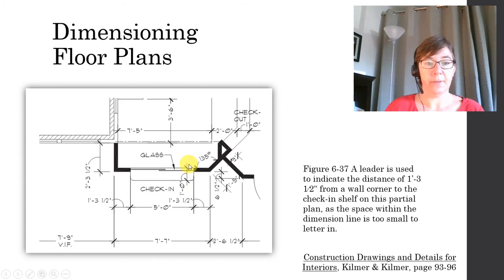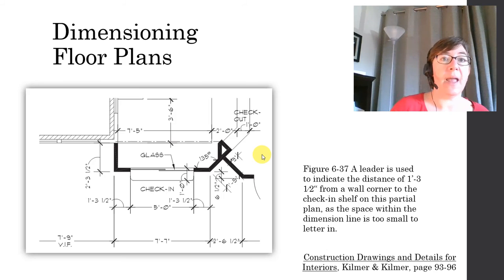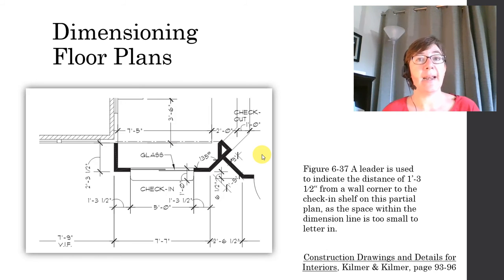Here's another example right here of 1 foot 0 inches, and here's the leader line. And here's another example. This one has several examples right there. By the way, to bring this back to AutoCAD, this is one of AutoCAD's settings in your dimension styles to control exactly how this happens.